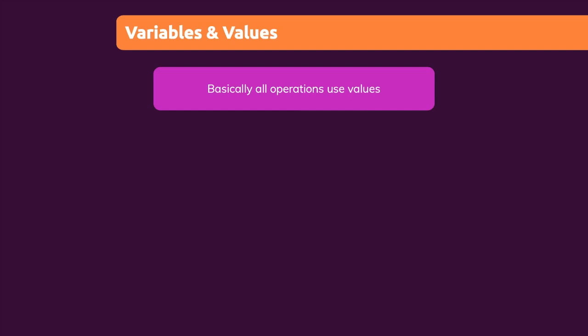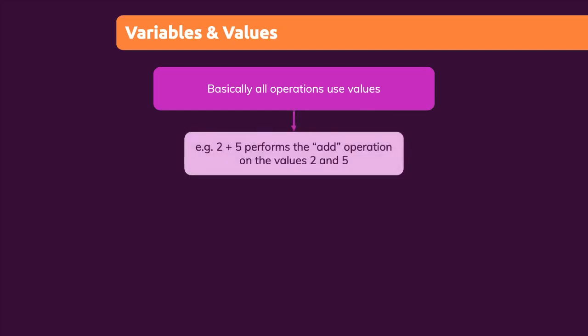And in its simplest form, we can of course think about operations like 2 plus 5, where we have two values, 2 and 5, that are combined with help of the add operation, because that's the other important part. All these values on their own are useless. Our programs become useful because we then do something with values.